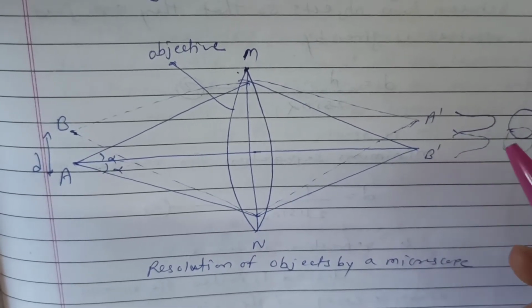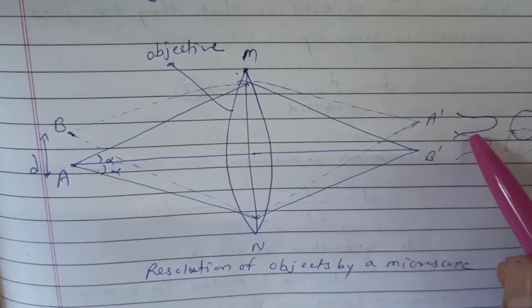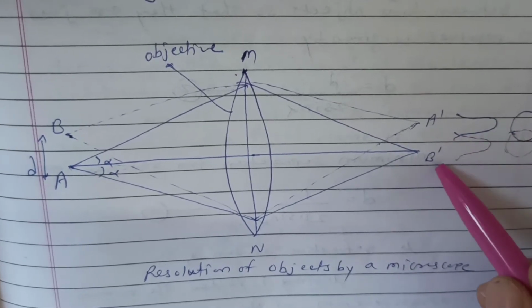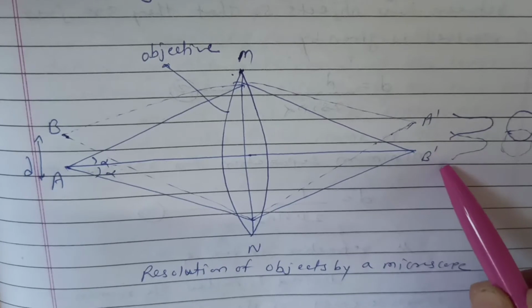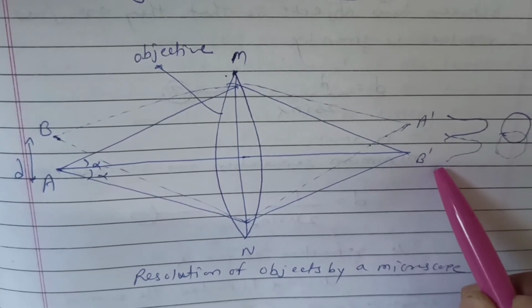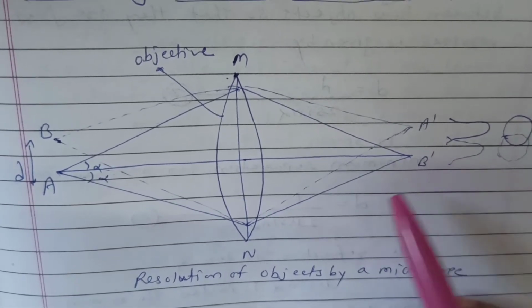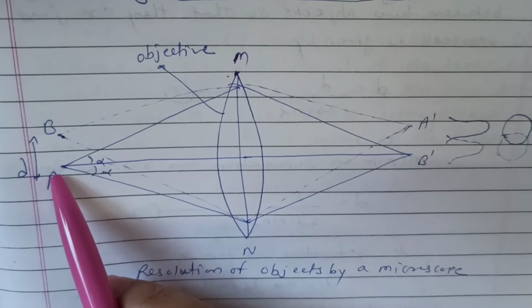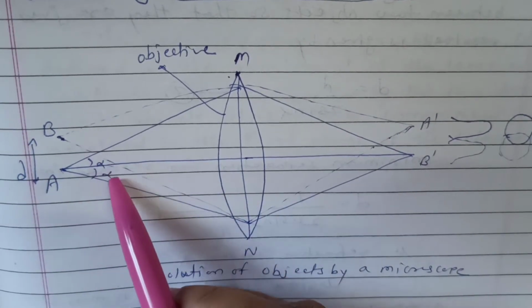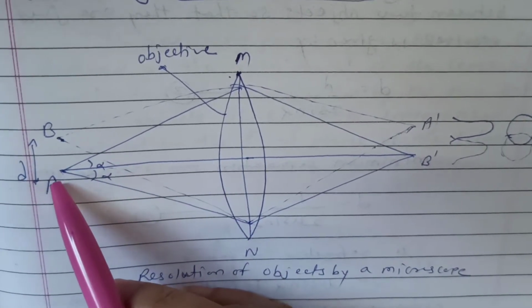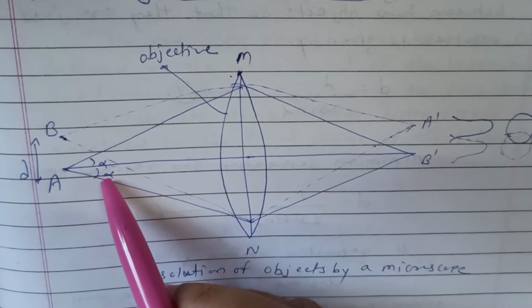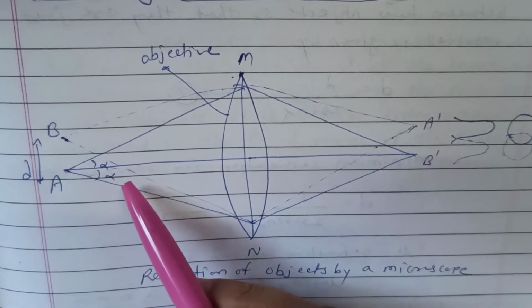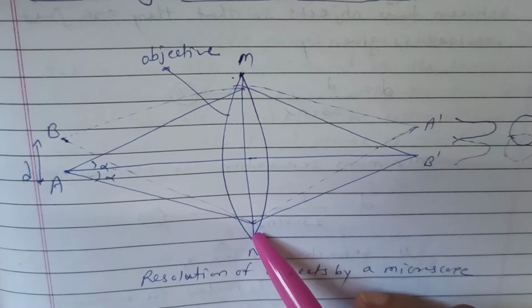if the position of the central maxima of one falls on the first minima of the other and vice versa. Let the object A subtend an angle 2 alpha at the aperture of the objective MN.